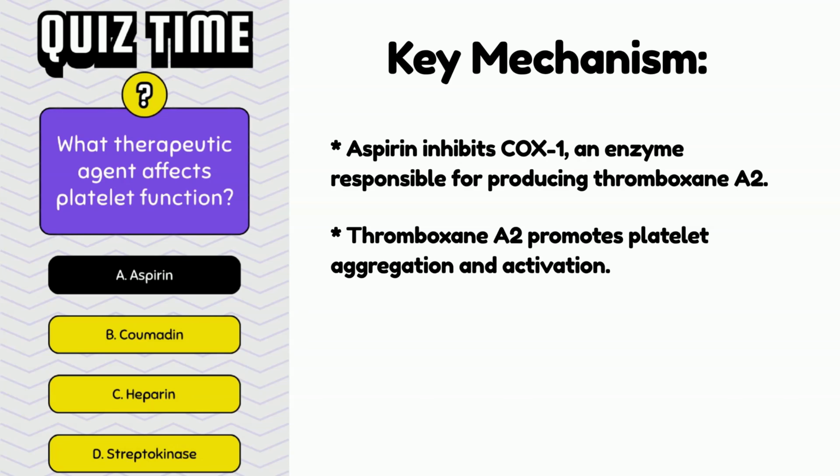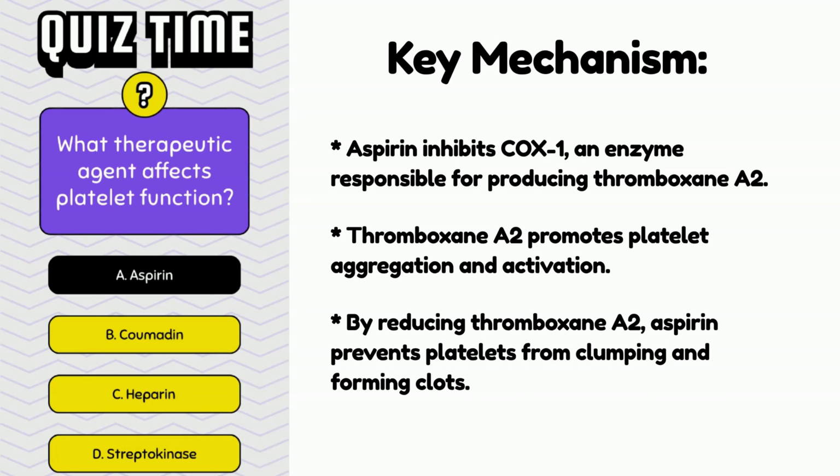By inhibiting cyclooxygenase 1 and reducing thromboxane A2 production, aspirin reduces platelet function, preventing platelets from sticking together and forming a clot.